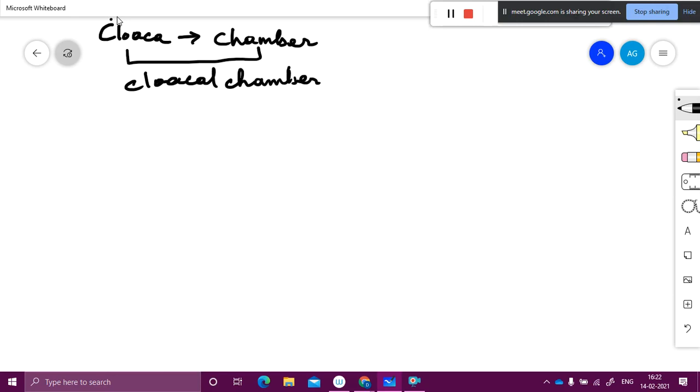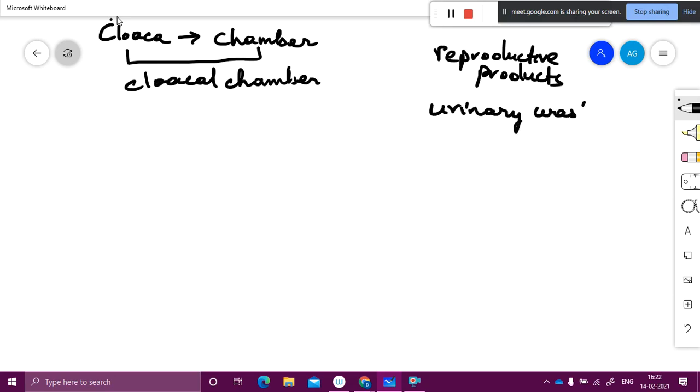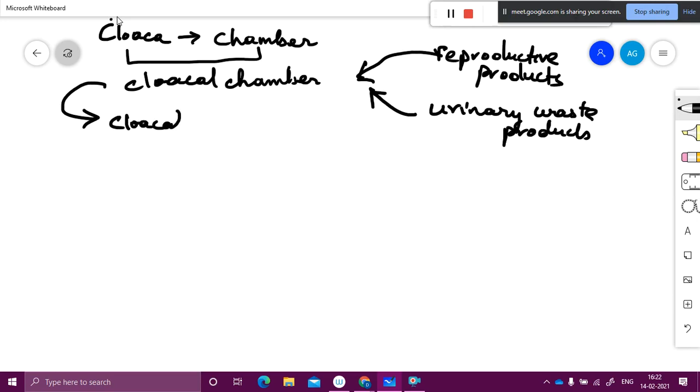In this chamber, reproductive products as well as urinary products, urinary waste products, they collect in this chamber and they exit through the aperture known as cloacal aperture. Apart from them, let us have a look at the internal bones or the endoskeleton.